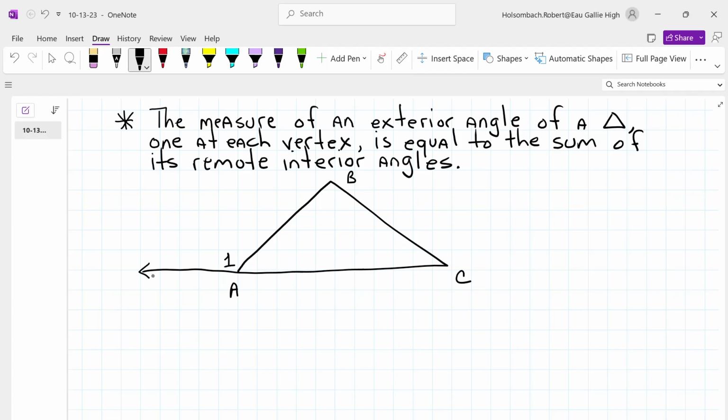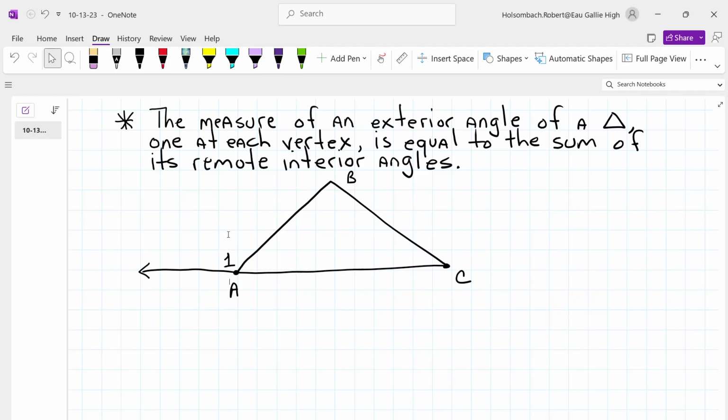It's formed by the extension of one side. We took side CA and we extended it. The extension of one side and an adjacent side. So if we extend side CA and its adjacent side is side AB, we get angle 1, an exterior angle.